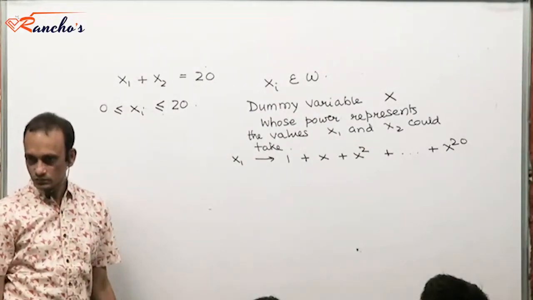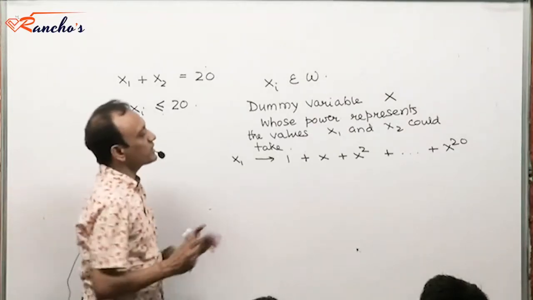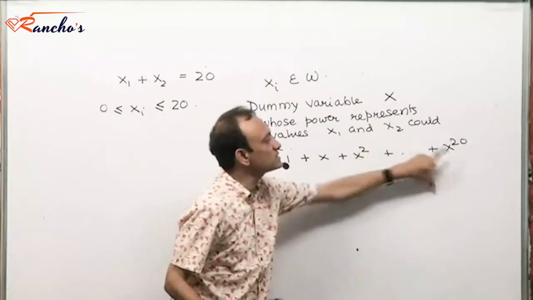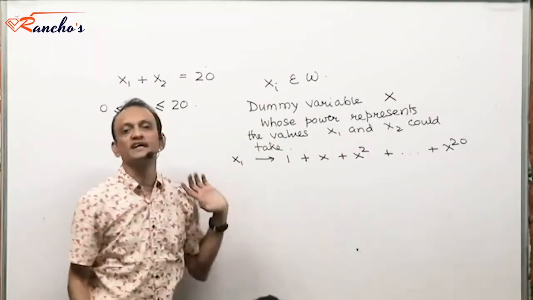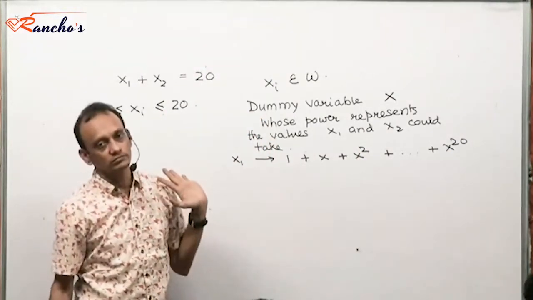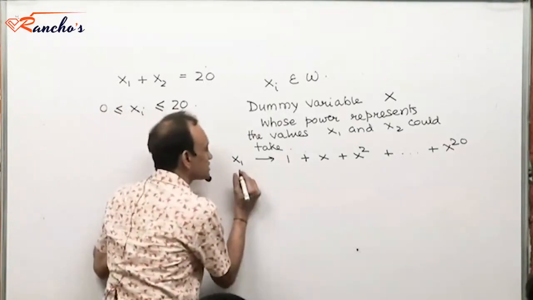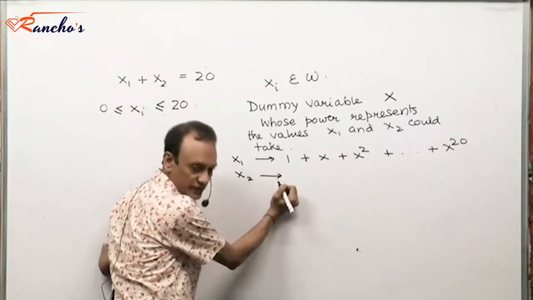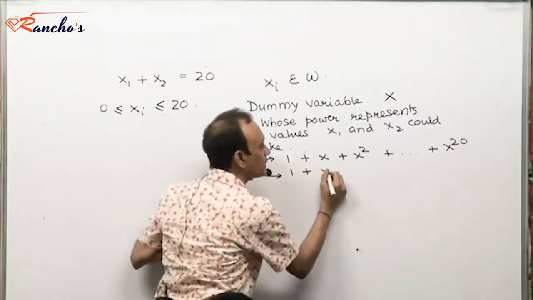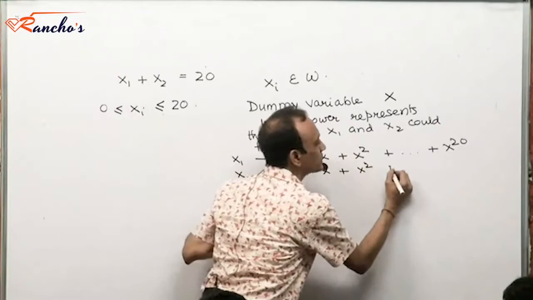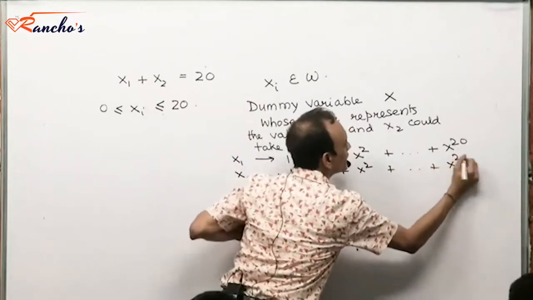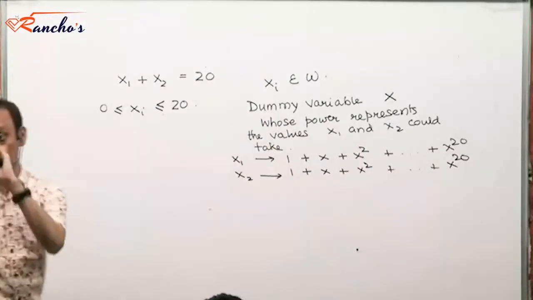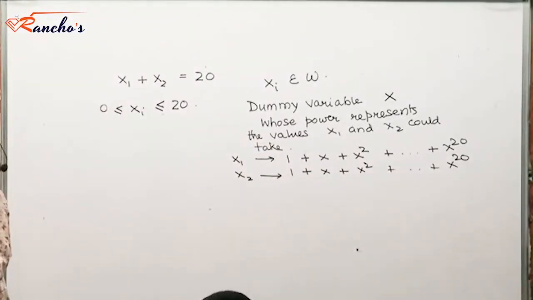Yes or no? All that I'm saying is I'm creating an expression in x whose various powers represent the various values these xi's could take. That's all. Similarly for x2, I define a polynomial. Same kind, 1 plus x plus x squared up to x to power 20. The powers represent the various values x2 could take. Yes or no?